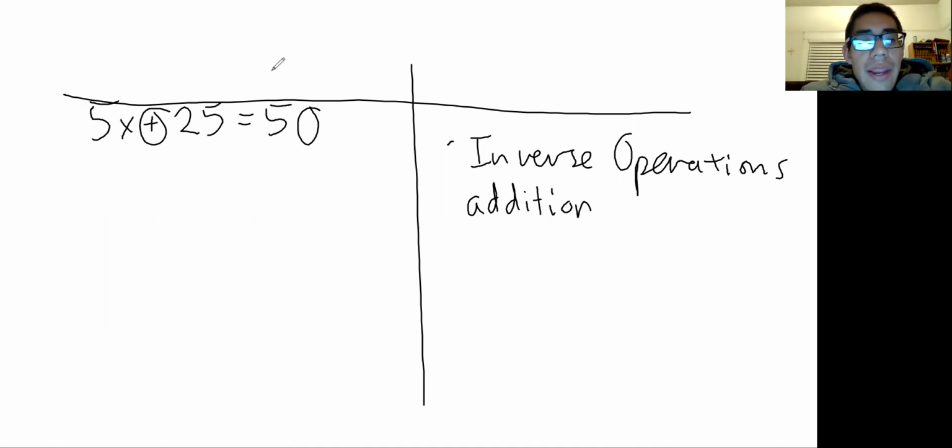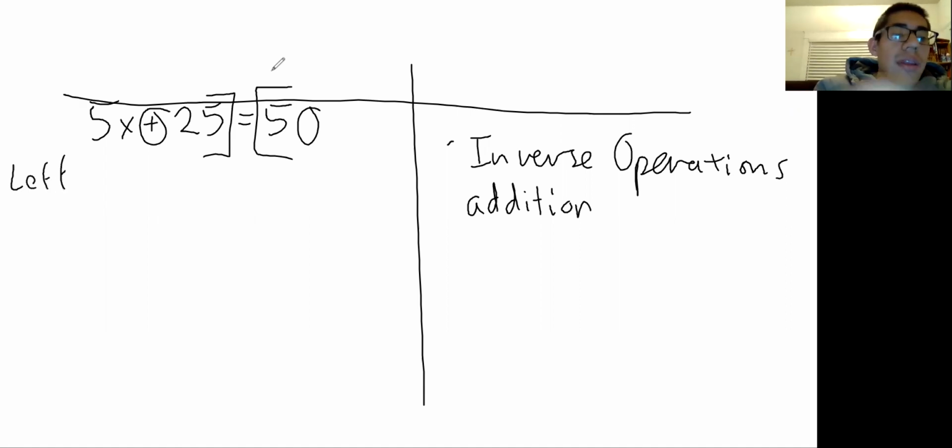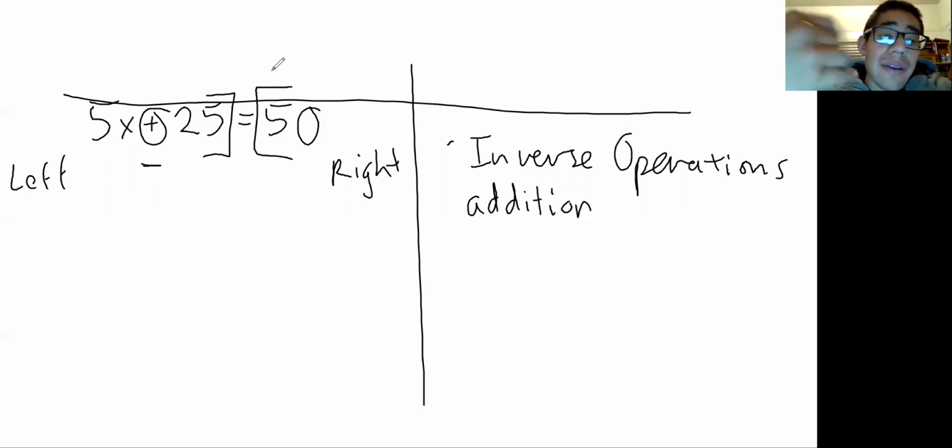But for now, we have to remember there's two sides to the equation, the left and the right. We need to do inverse operations, so we need to do the opposite. We have addition going on, so we have to subtract, and we're trying to get rid of the 25 because we want x to be by itself.